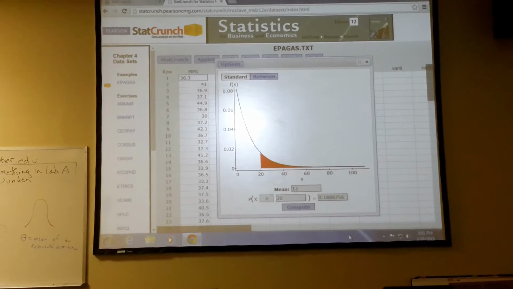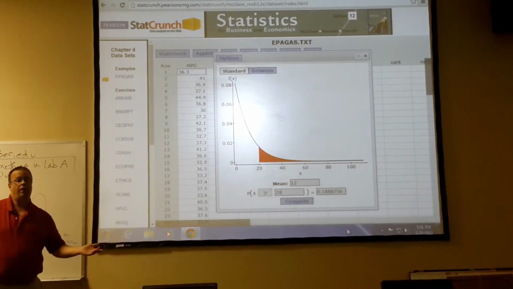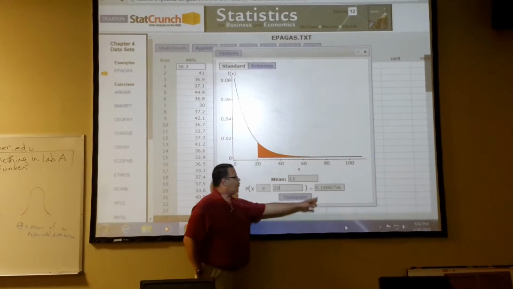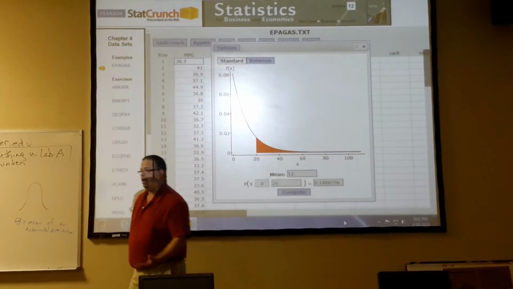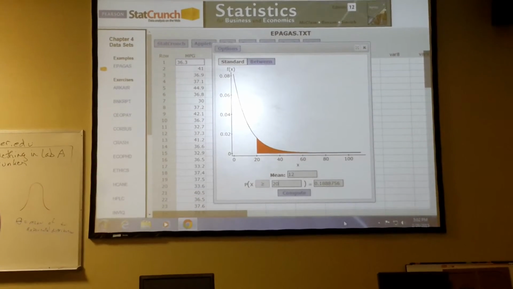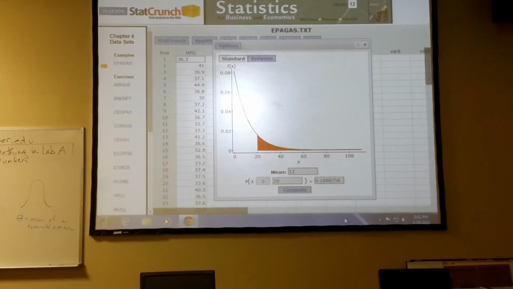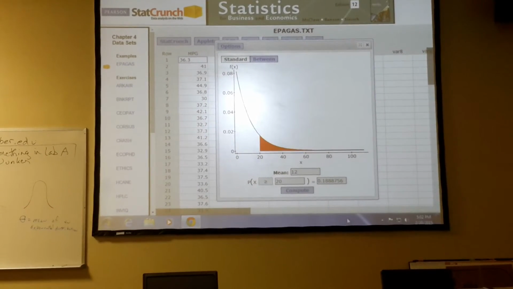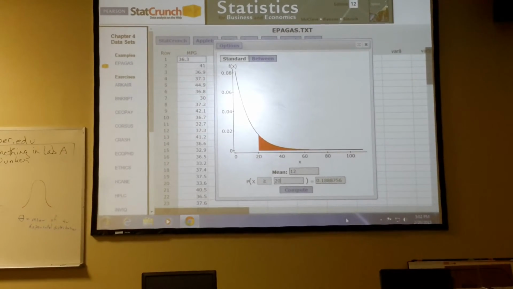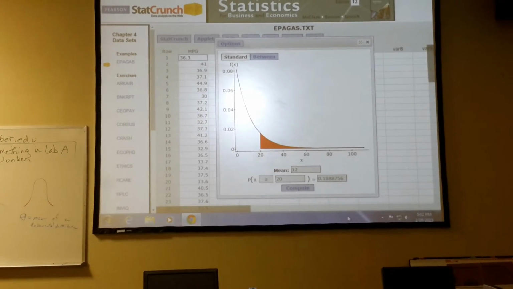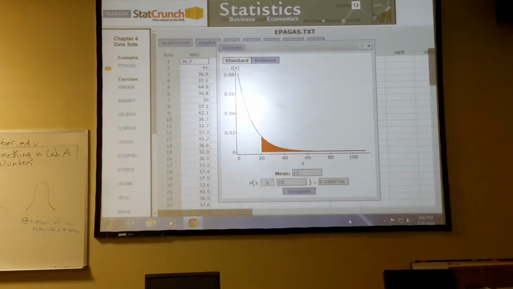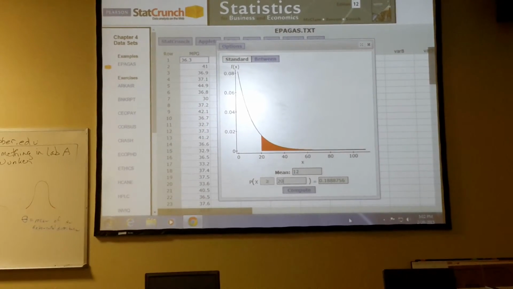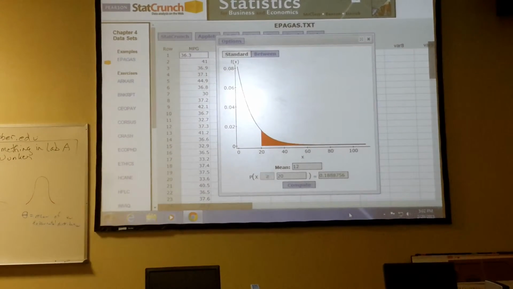And you see that even though 20 minutes is well above that average time, getting close to double the average, we still end up with right at 19%. Almost 1 out of every 5 people are going to take more than 20 minutes to get through that checkpoint. That is a definite characteristic of exponential distributions: a large percentage of people are going to get served very, very quickly, much shorter than the mean, and you still have a reasonable percentage that are going to take longer than the mean.